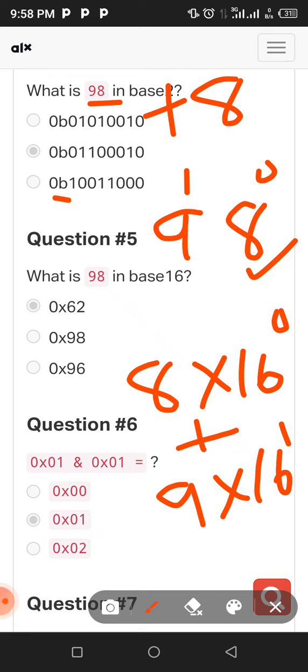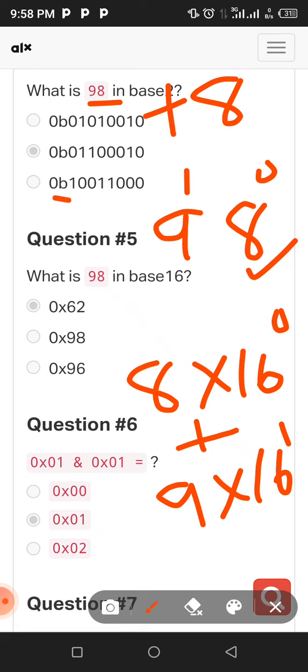Okay, 144 plus the 8 we have there. 8 plus 4 is 12, carry 1, 5, then 152.